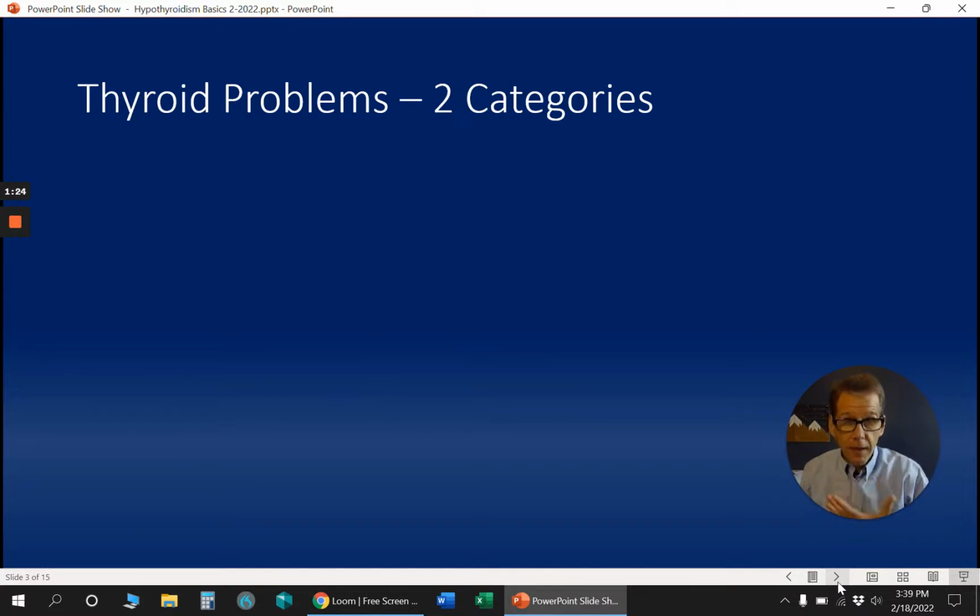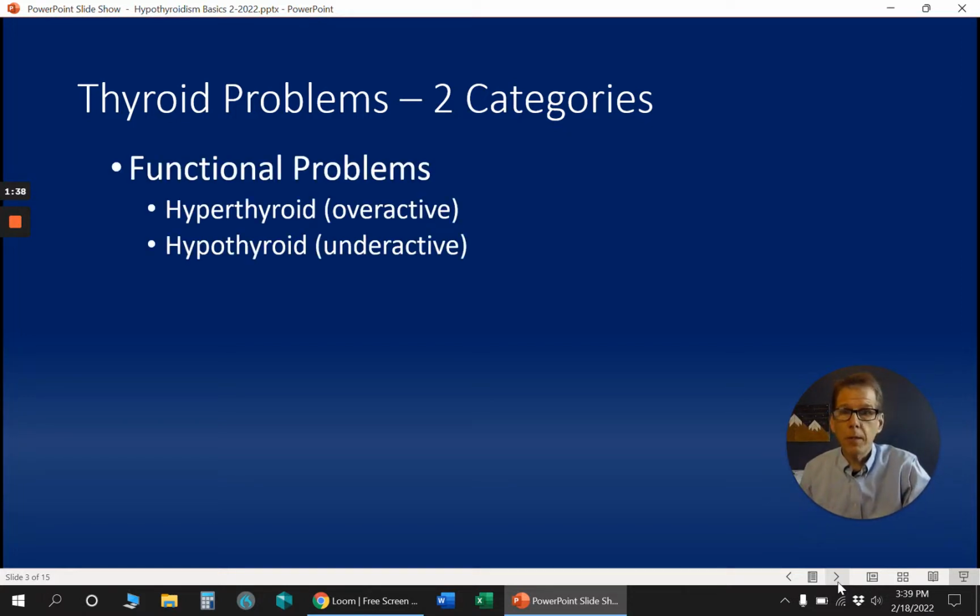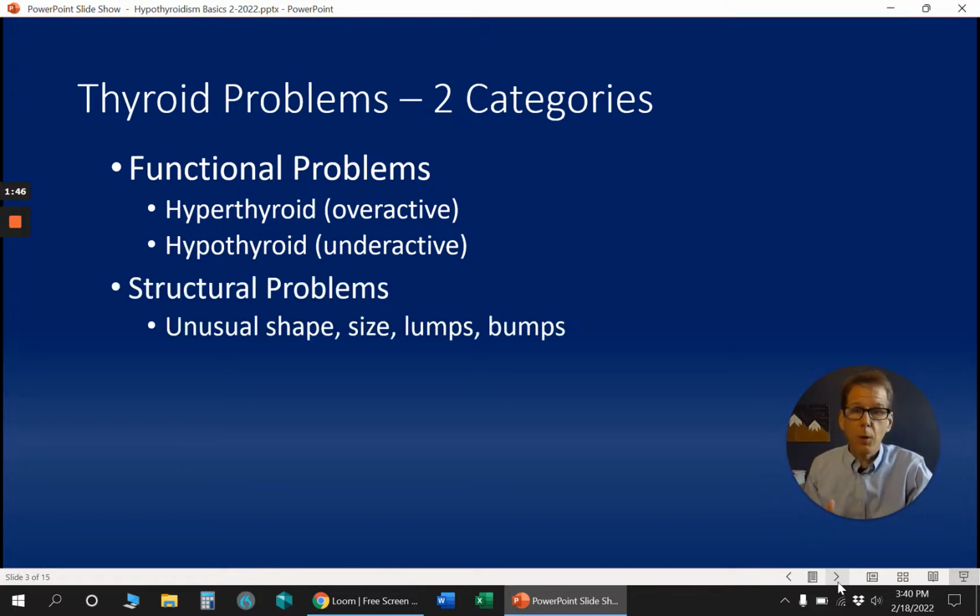So for me, when I think about thyroid problems, we're all supposed to have a thyroid gland, a little butterfly-shaped gland that lives right down here in the bottom portion of your neck, and it makes hormones that control your metabolism. We'll talk about this in just a minute. When I think about thyroid problems, I like to break them into two general categories. So there can be functional problems. This is where the gland might be overactive or underactive, hyperthyroid or hypothyroid.